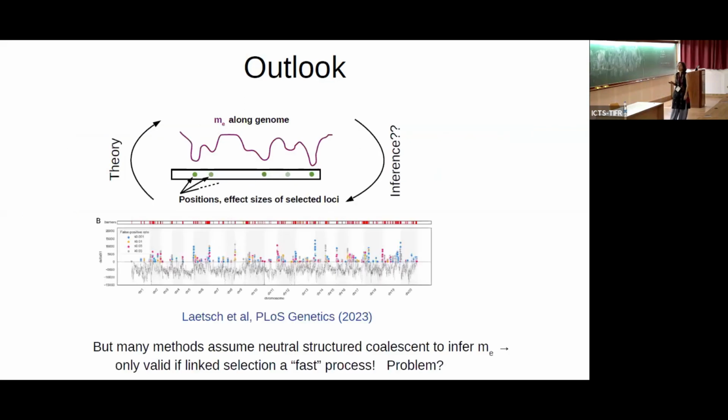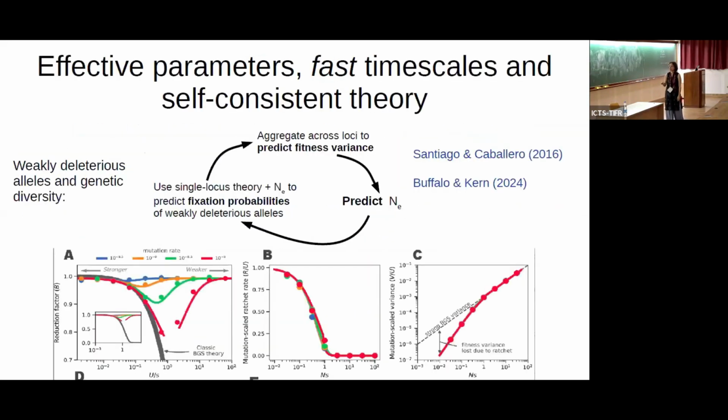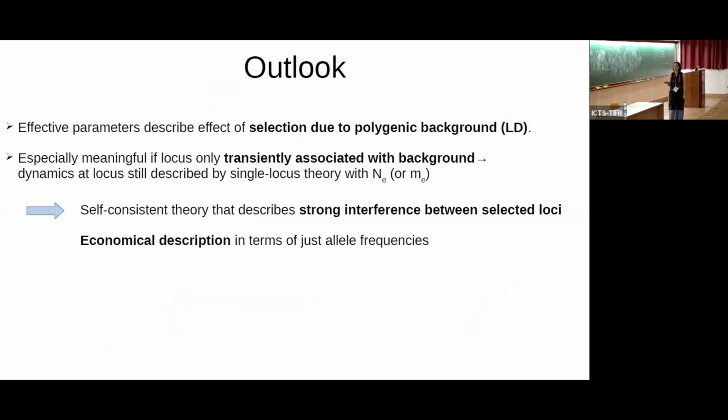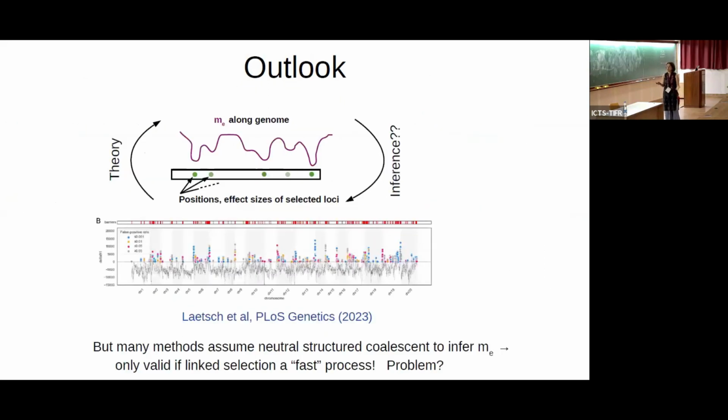In fact, in this paper which I mentioned, they use this kind of self-consistent theory to build an inference framework. But I think because these descriptions are quite economical, it does suggest that, so far I've been talking about how if we knew positions and effect sizes of selected loci, we can predict Ne or FST or whatever along the genome, but can we go the other way around?